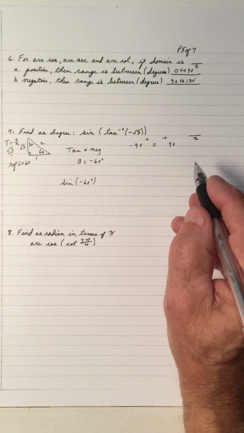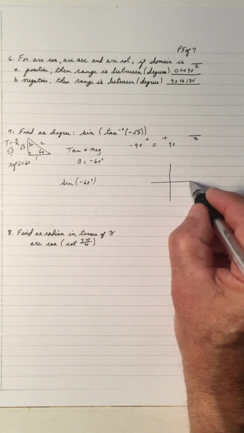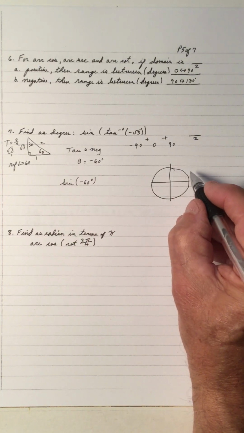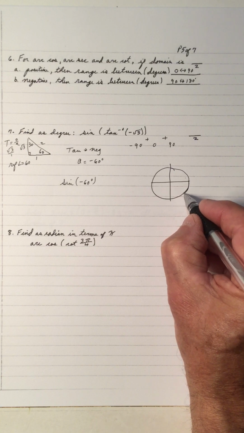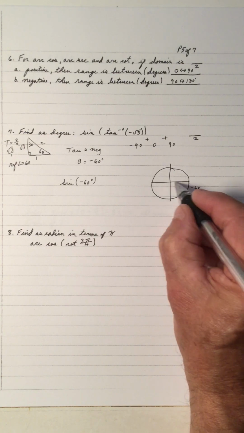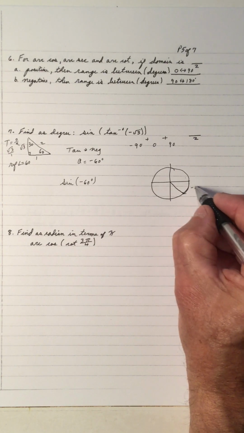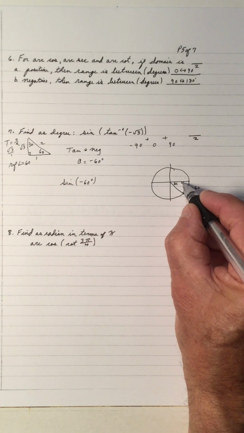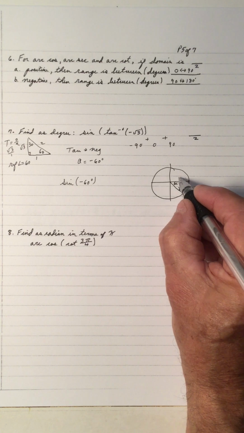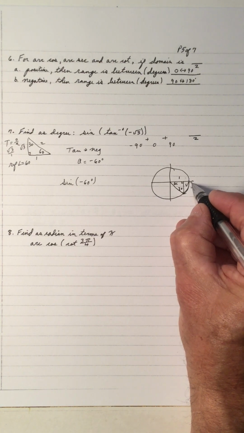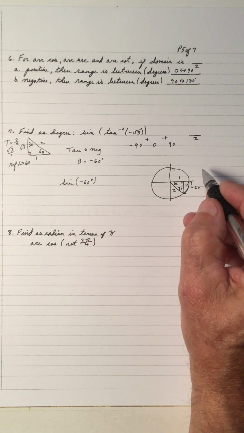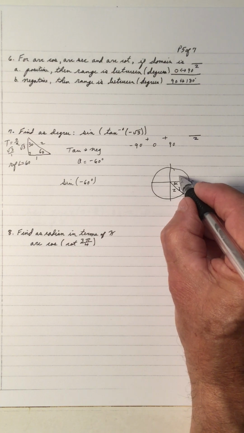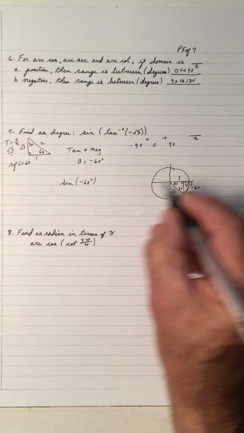Now, if we have a circle, and negative 60 is this rotation right here, terminal arm. So if that's a negative 60, this is 60, drop perpendicular. This is 30, so that's a 1, that's a root 3, and that's a 2. The tan of negative 60, that's a 1, that's negative root 3.